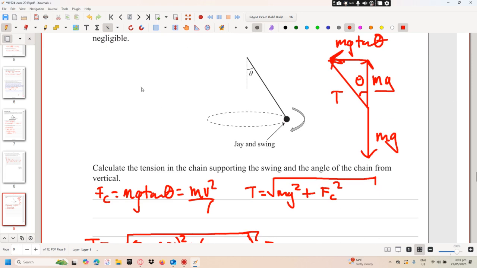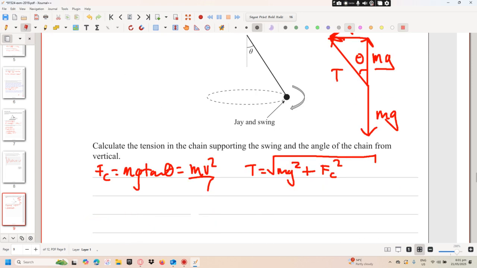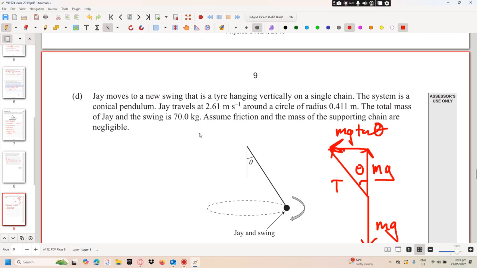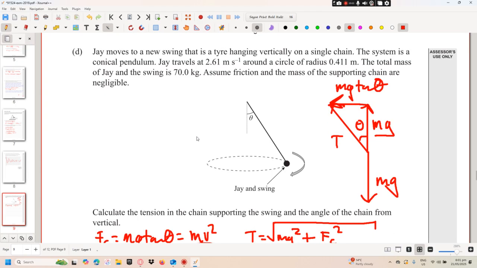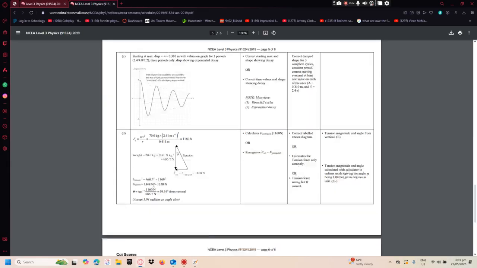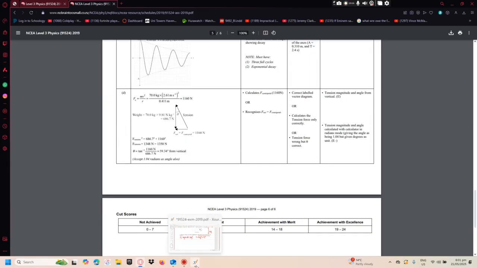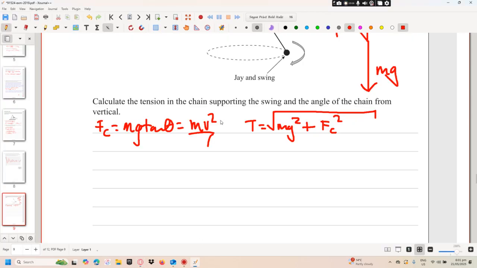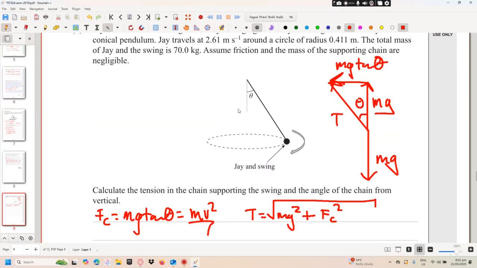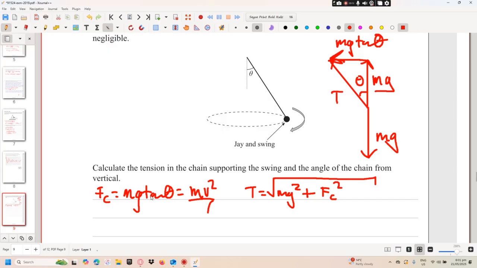What? Oh dear. It can't be that many units, surely. Ah, no, it isn't there. The angle. Oh, that's easy.